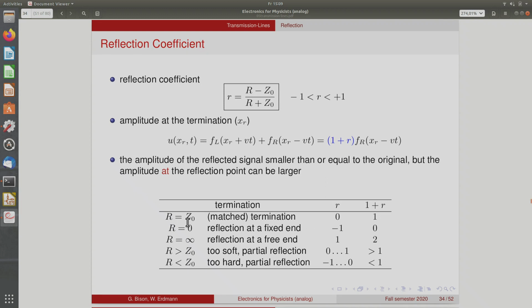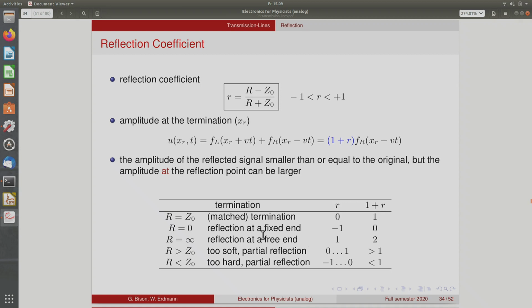When you put in exactly the termination, the characteristic impedance, then the reflection coefficient becomes 0, which is a very nice property, which we should have expected, because we said before that an infinite transmission line behaves exactly like this ohmic resistor. So when we have this ohmic resistor, there's no reflection, and the amplitude at that point is simply the incoming amplitude and nothing else.